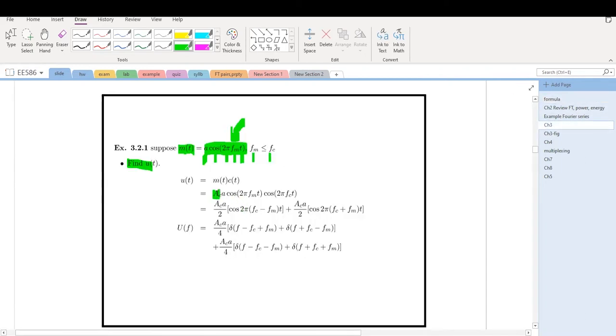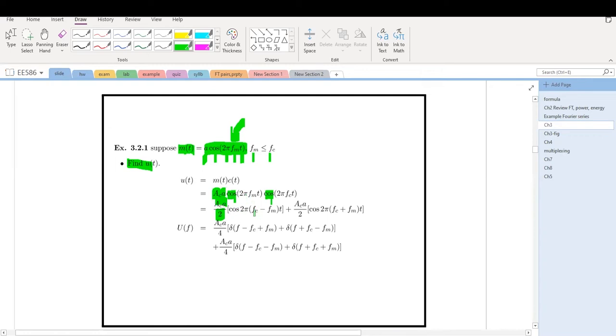So now Ac, small a is here, there's a half here, and then these are cosines, right? We want to use the trigonometric identity here on these two cosines multiplied together, and as a result we have two cosines summed.